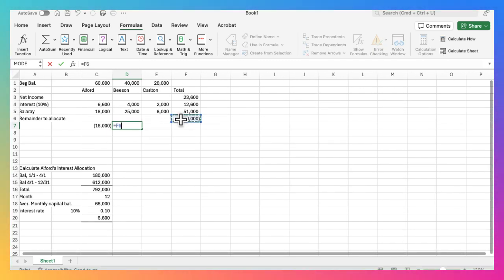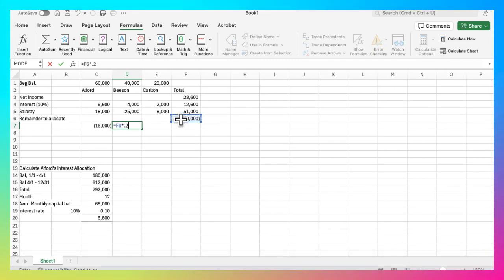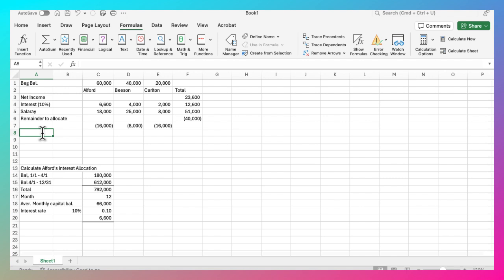I'm going to take the same 40,000 and multiply it by 0.2, which is the 2 in the 4 to 2 to 4, for Benson. Benson, she gets $8,000 of the loss, and Carlton gets 16,000. Okay, so now, what's the total to allocate?